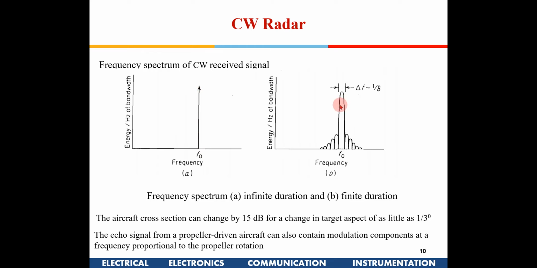So this is the kind of response you get, spread over frequency. In the time domain, if the RF signal is being captured in a small window, that will result in spreading of the frequency components. So this is what happens.